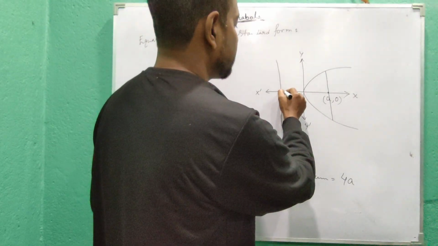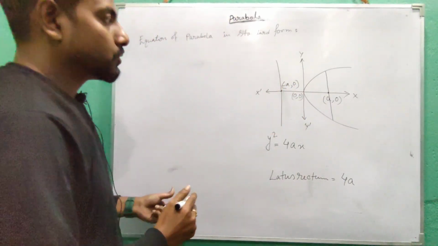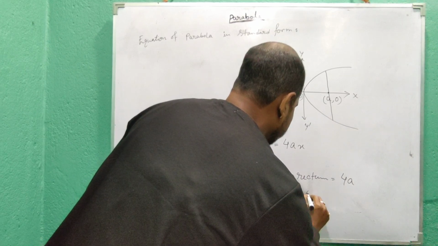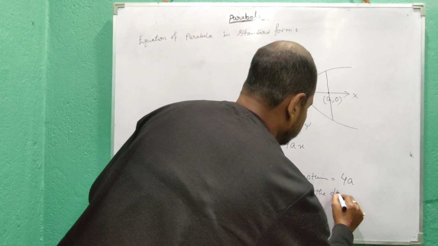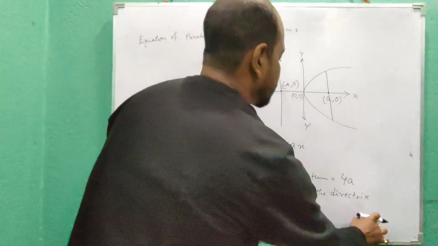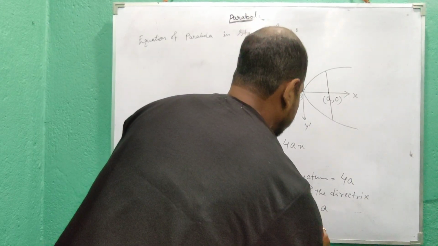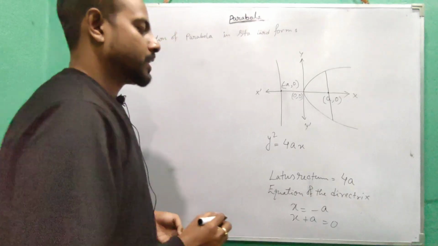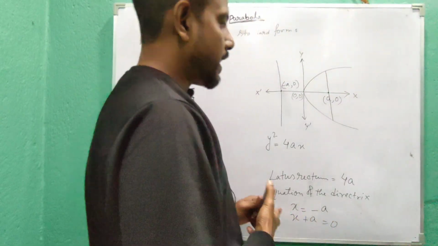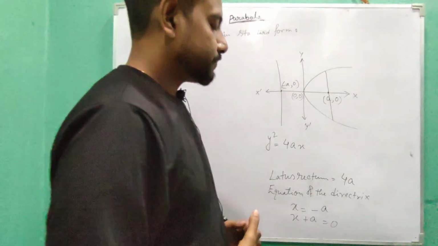So, this point will be minus a comma 0. So, the equation of the directrix will be x equal to minus a, that means x plus a equal to 0. The axis is the x-axis, the latus rectum is 4a, and the vertex is 0, 0.